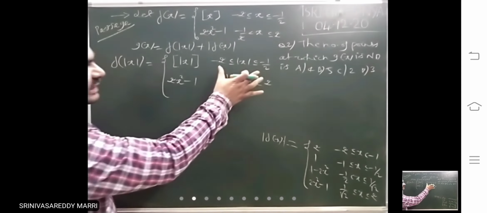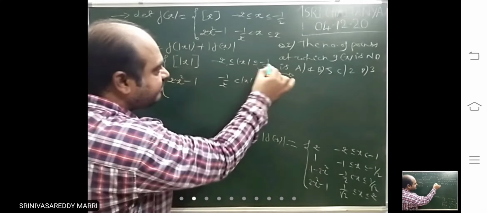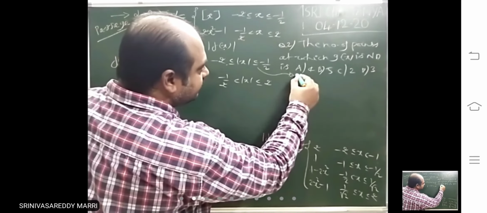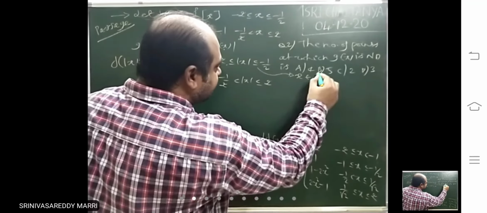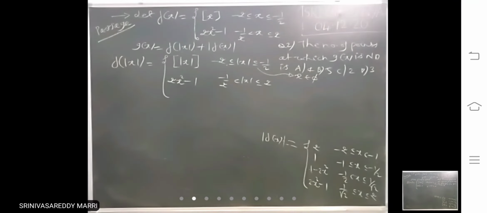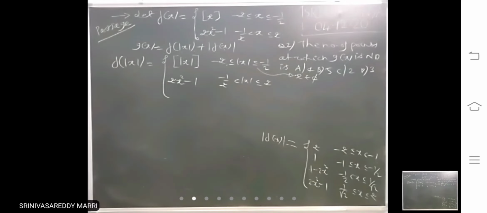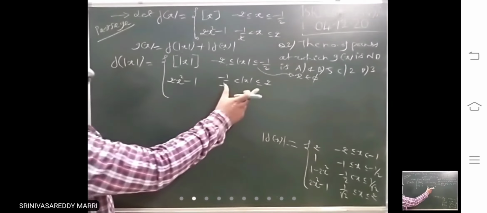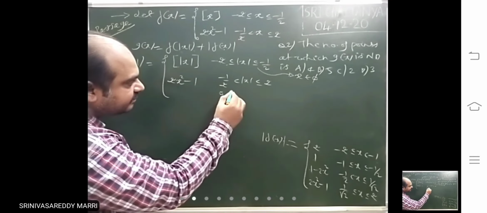Now look at, for this I have to write x interval. Actually, modulus x will never be negative, because it lies between negative value to negative value, means x is what? Null set. You won't get any x value such that modulus x lies between -2 to -1 by 2. Look at -1 by 2 to 2 means modulus x cannot be negative.